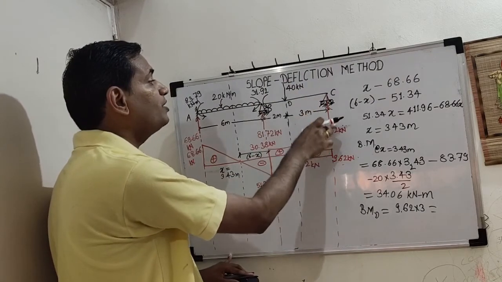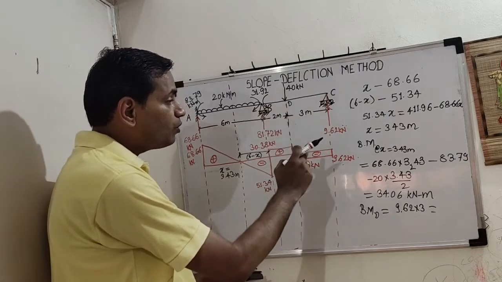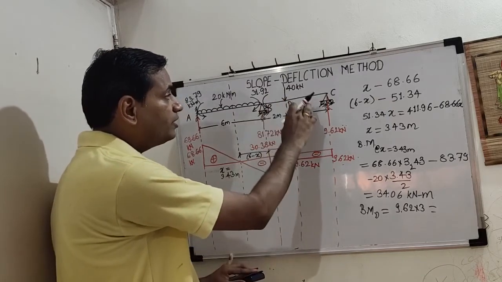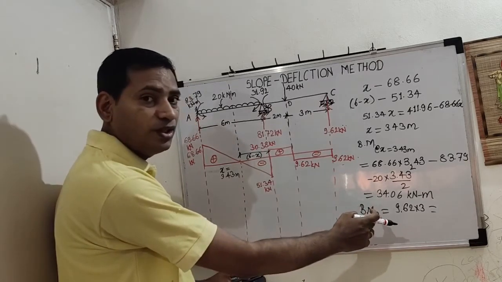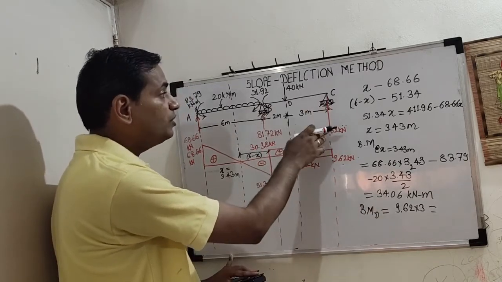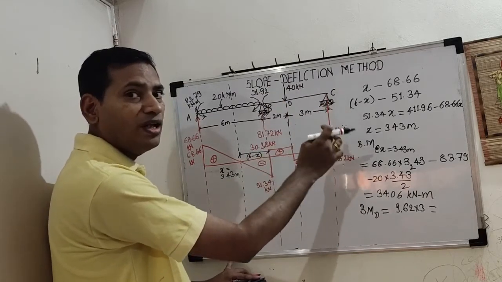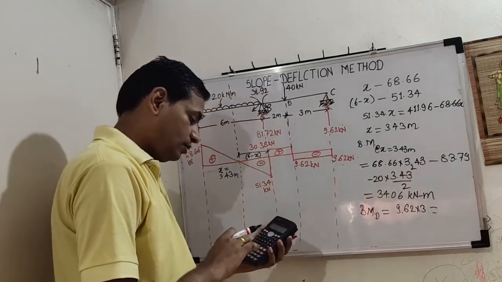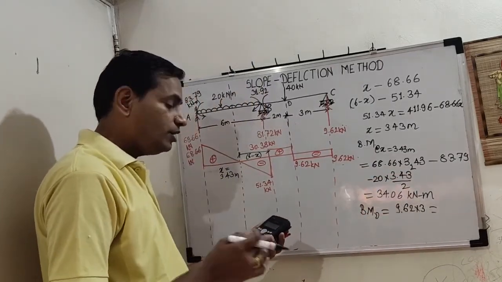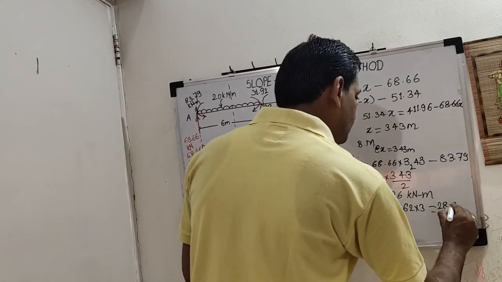Moment is anti-clockwise. As per the sign convention, anti-clockwise moment on the right hand side of the section will be treated positive. So this answer is positive. Do not write this minus because it is anti-clockwise. It is on the right hand side of the section, hence it is positive. So 9.62 into 3, how much? 28.86 kilonewton meter.